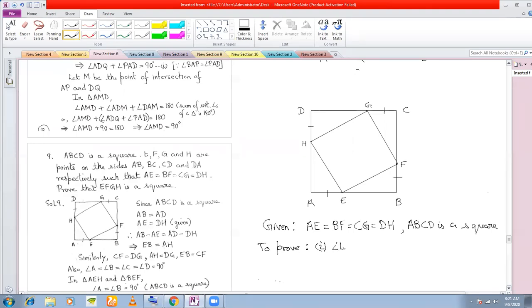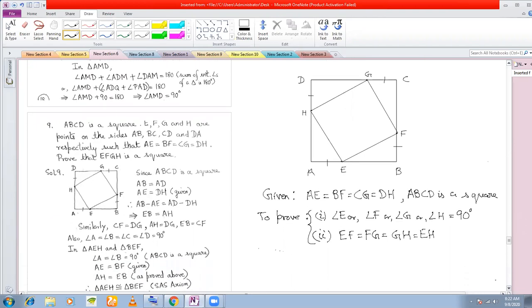Let us say angle E or angle F or angle G or angle H is equal to 90 degrees. Any one of these angles you can show to be 90 degrees. And what you also need to show is that all the sides are equal. EF is equal to FG is equal to GH is equal to EH. If you can show these two, then you can say that EFGH is a square. Okay, so now the question is how to show.